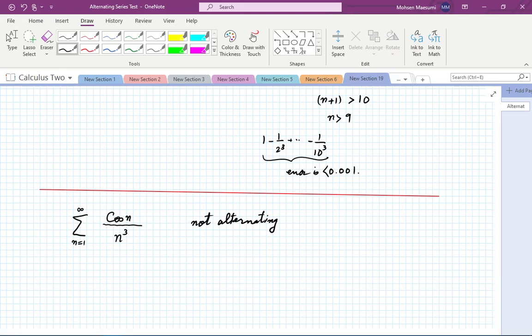The question could face us anyway. Is this a convergent series or is it a divergent series? Well, we have a very nice theorem here, and we are going to make a statement about it and practice it, and perhaps in another lecture we talk about it at more depth.